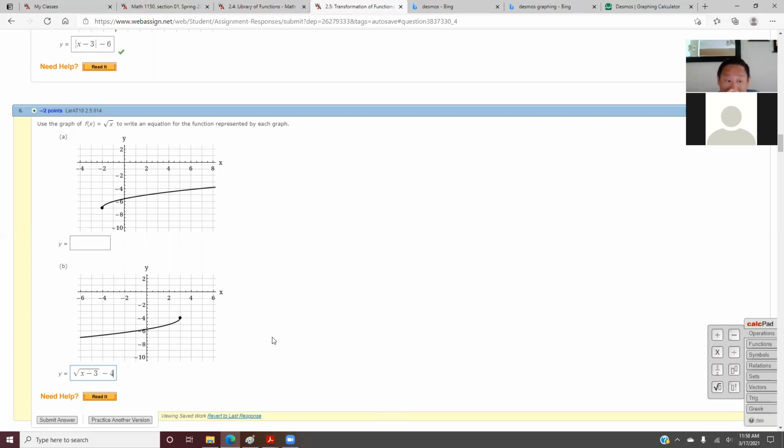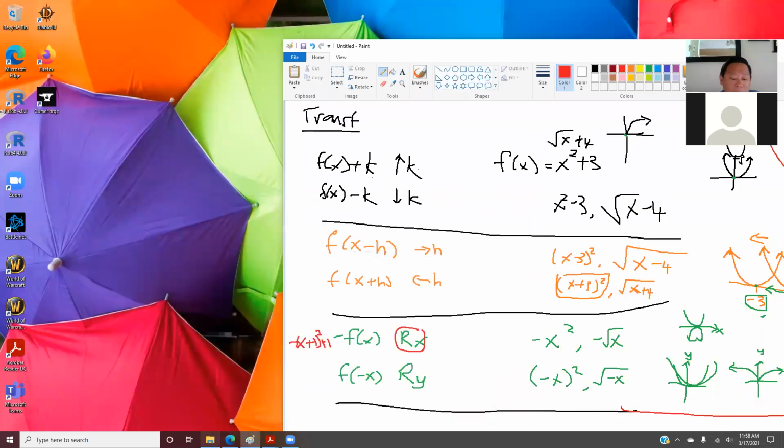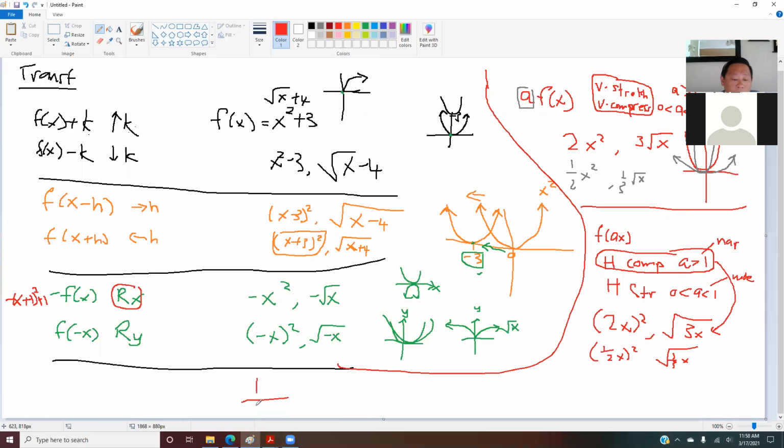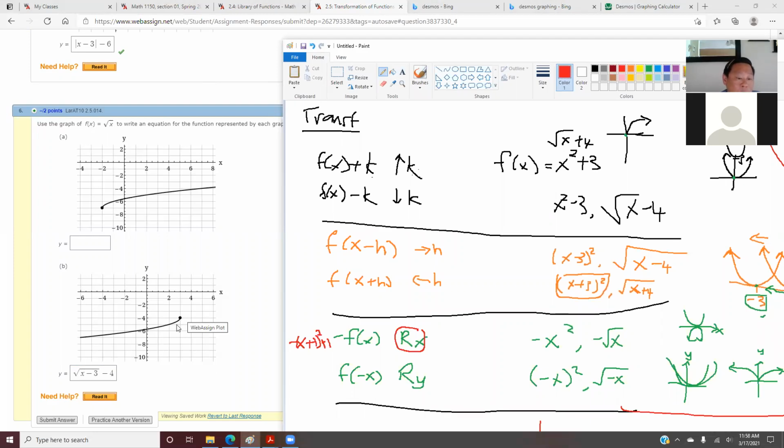Very good. Now this is your graph. If you do this, your graph will look something like this. Okay, so it's right over here. But now if you look at your graph, it is going this way. What makes it go this way?